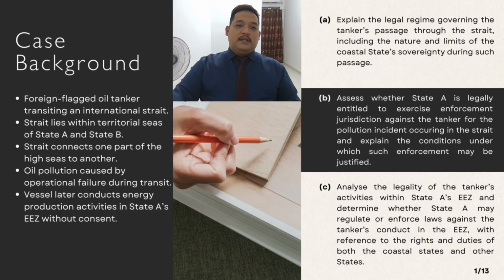The second, under Part B, we assess whether the state is legally entitled to exercise enforcement jurisdiction for the pollution incident that occurred during the transit passage. The last, under Part C, we analyze whether the tanker's energy production activities in State A's exclusive economic zone are lawful and whether State A may regulate or enforce laws against the tanker.